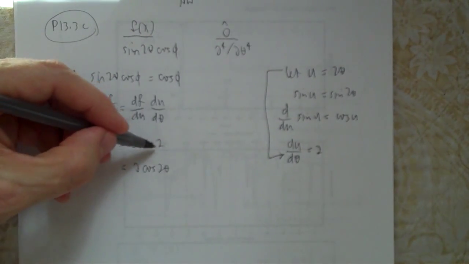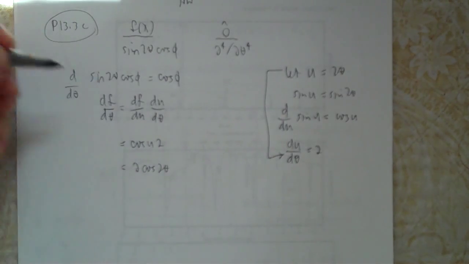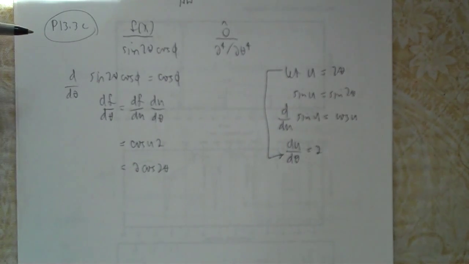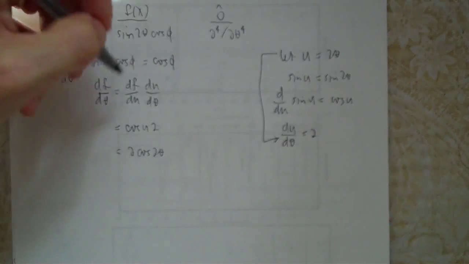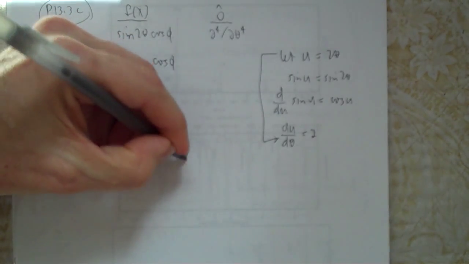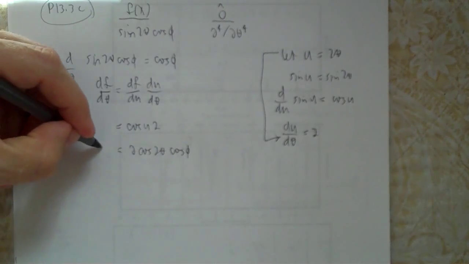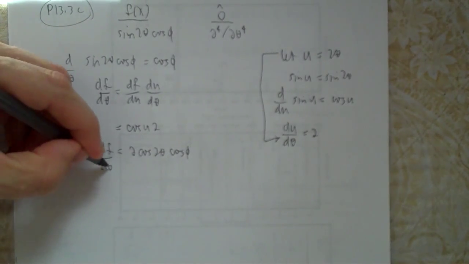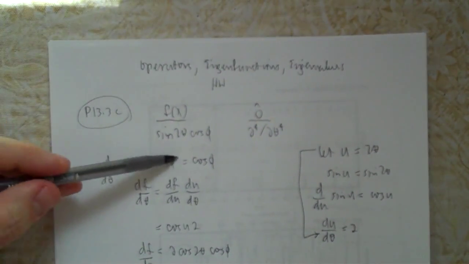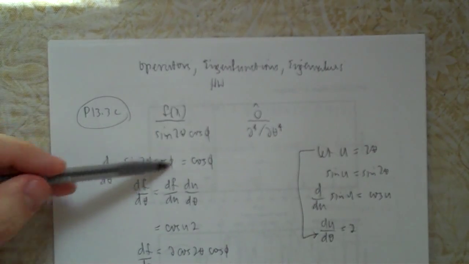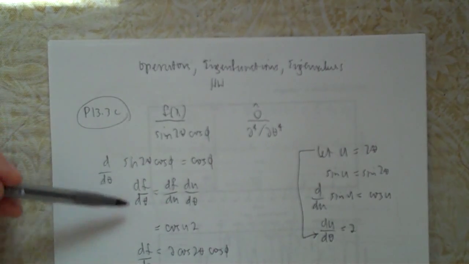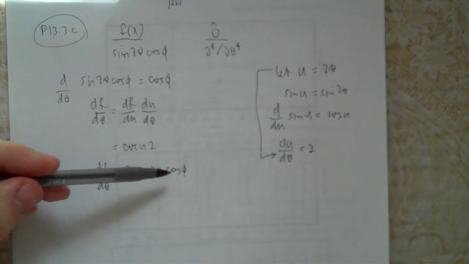I just brought the 2 out front, times cosine phi. Assuming that this is my f, which I said it was, df d theta is equal to 2 cosine 2 theta cosine phi.